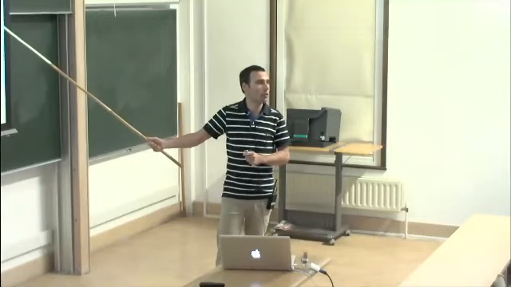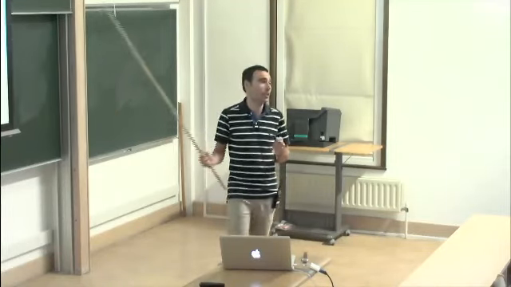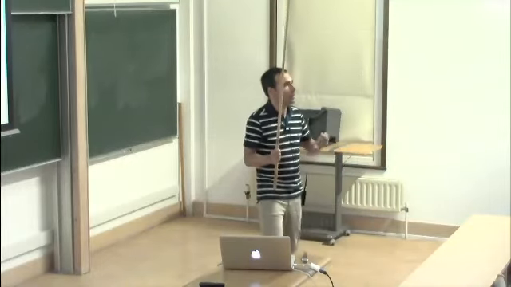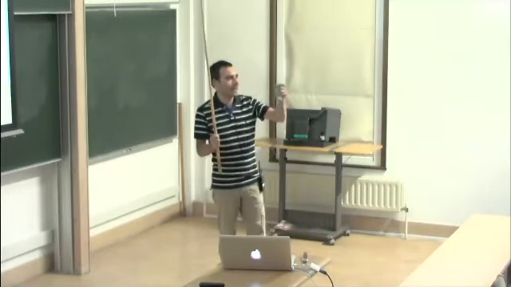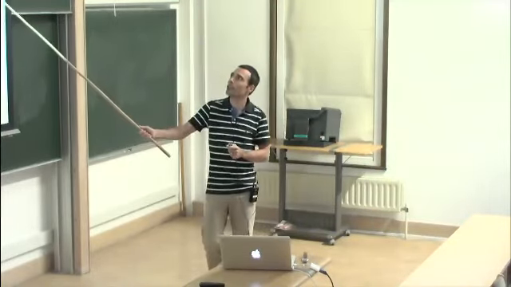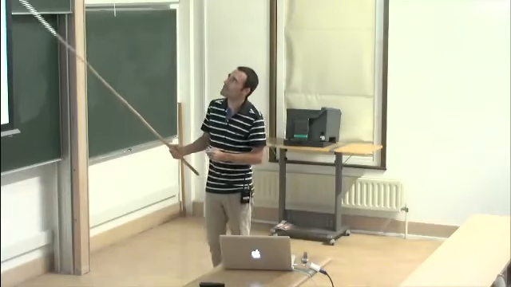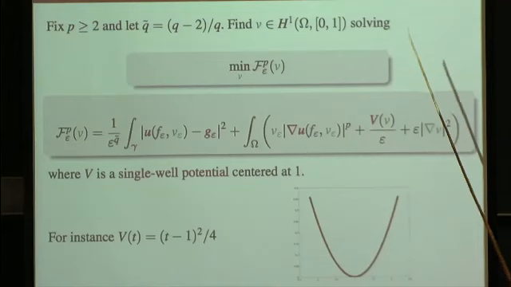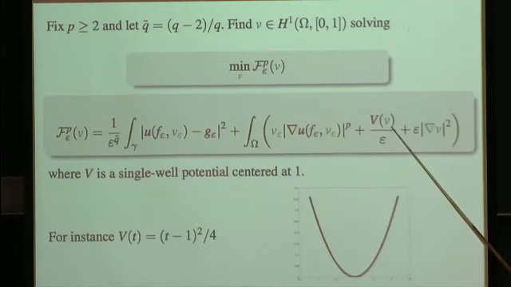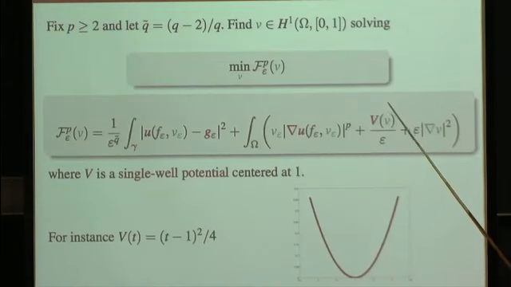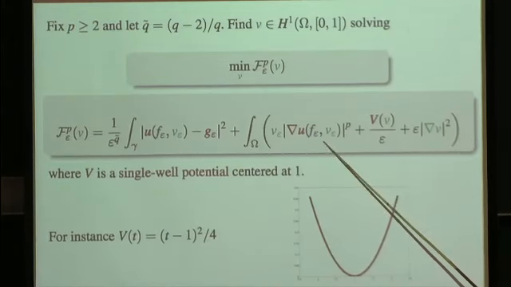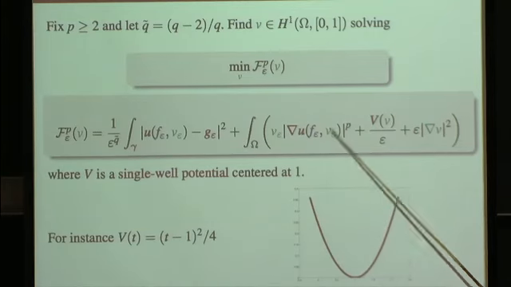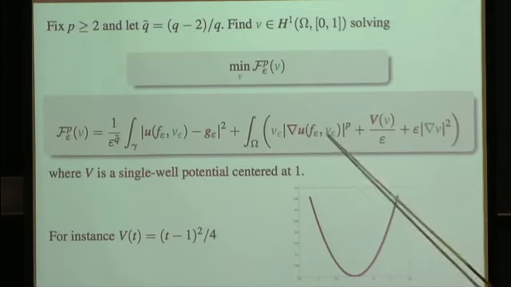So the gradient of U might be very large. This means that U essentially might jump where V is small. So when U jumps, you make V small to allow this not to be too big, and everywhere else you take V equal to 1. So V encodes the jump set of U: where V is small, you have the jump set of U. So this is also a way of finding easily the jump sets.